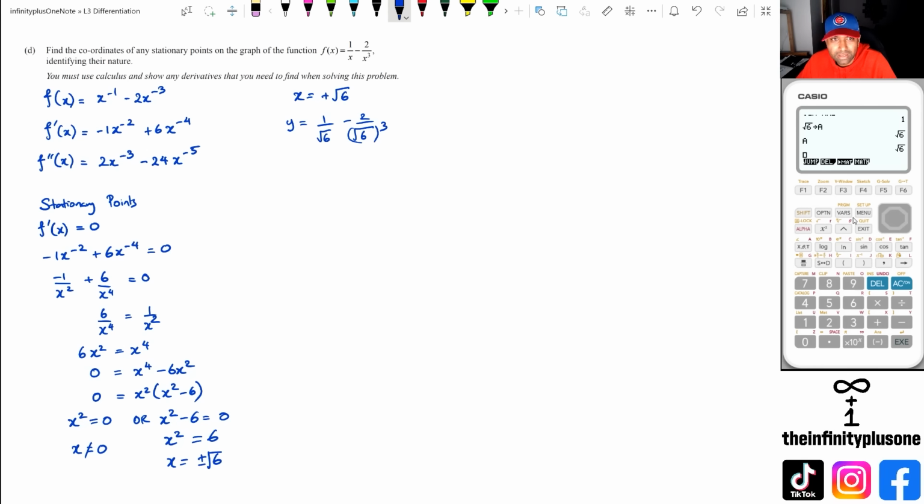A little trick here, alpha A, right? So then I can do 1 over alpha, and then I'm going to do minus 2 over alpha cubed.